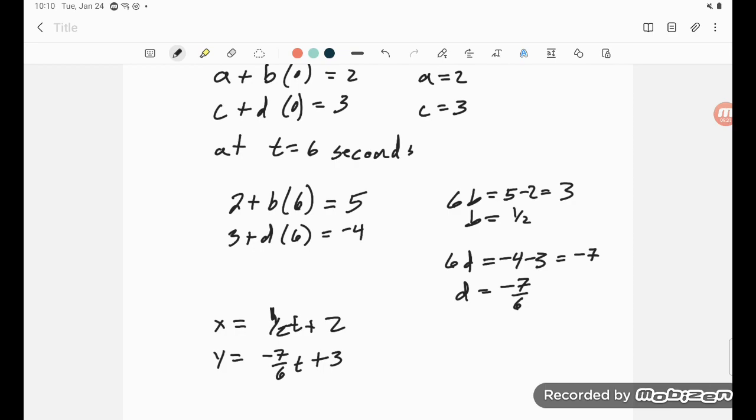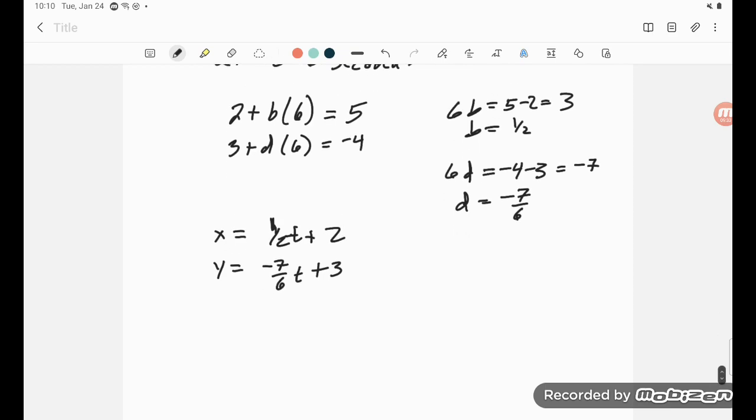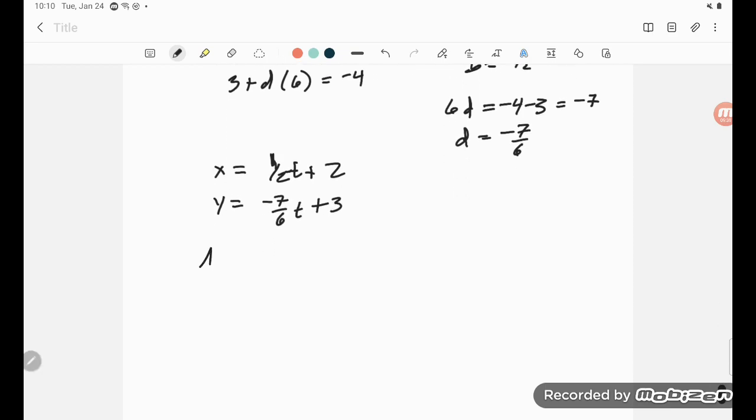Now, I could find the position at t equals 3 seconds. X is equal to 1/2 times 3 plus 2. So that is 3/2 plus 2, which is 7/2.